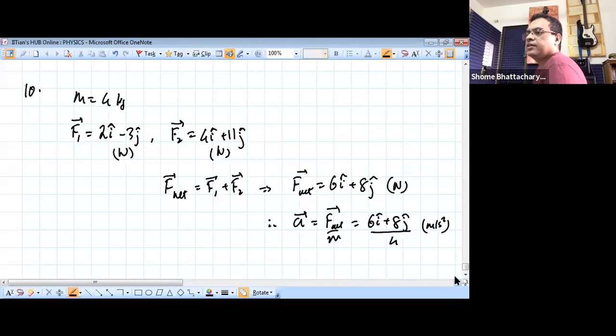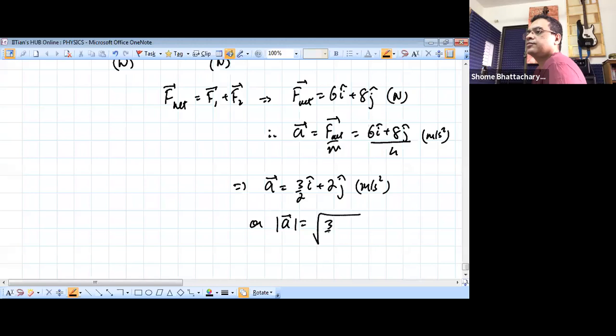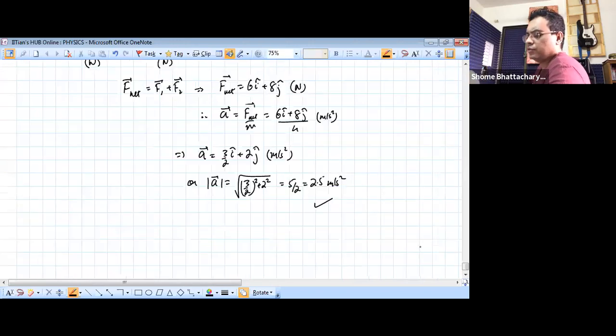So the acceleration as a vector quantity becomes 3 by 2 i cap plus 2 j cap in meters per second square. And therefore the magnitude of the acceleration will be 5 by 2 or 2.5 meters per second square. So this is the solution of the 10th question.